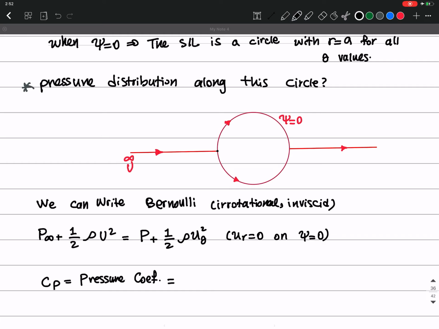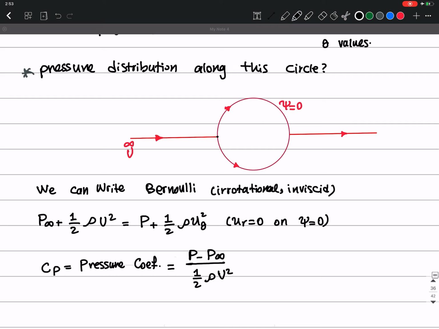We define this as P, the pressure, minus P infinity, over 1/2 rho U infinity squared, the uniform flow squared. This is called the pressure coefficient.